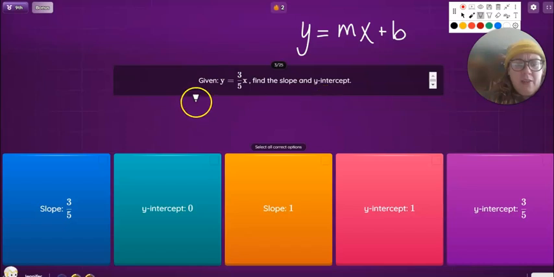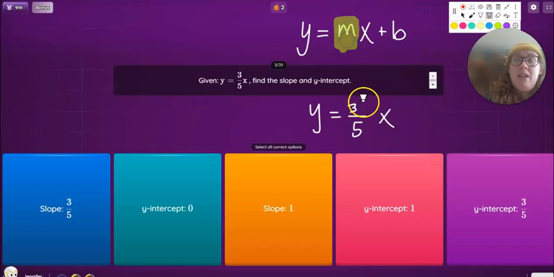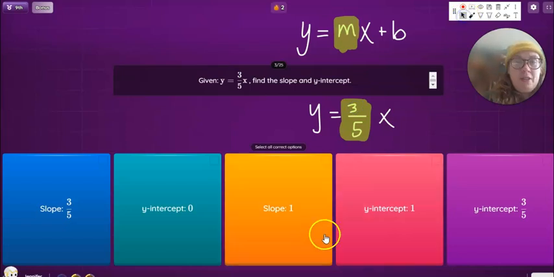So given this equation, y equals 3/5 x, what is the slope and what is the y-intercept? So our slope, remember, is m. It's whatever is right in front of our x. In this case, it is 3/5. So our slope is 3/5.